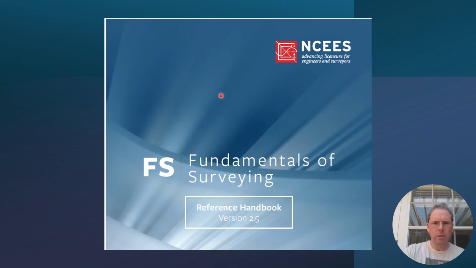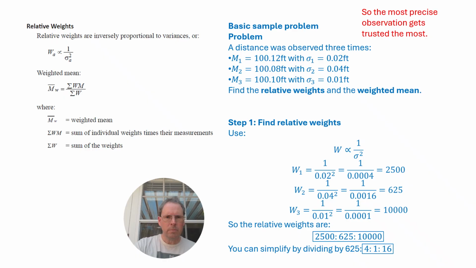And coming back to our reference handbook, let's see what we have next. We have the relative weights and the weighted mean. Okay, so let's do a basic problem. For the relative weights, basically the most precise observation gets trusted the most. Say for instance a distance was observed 3 times.